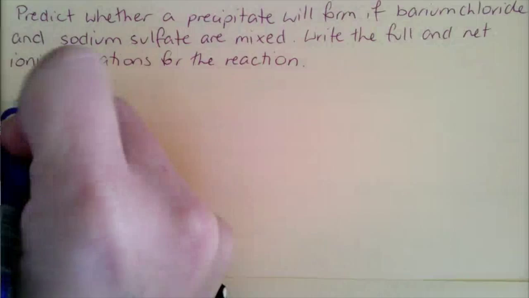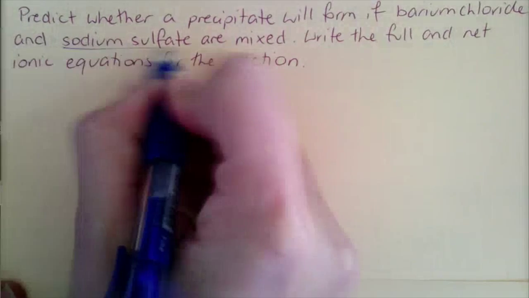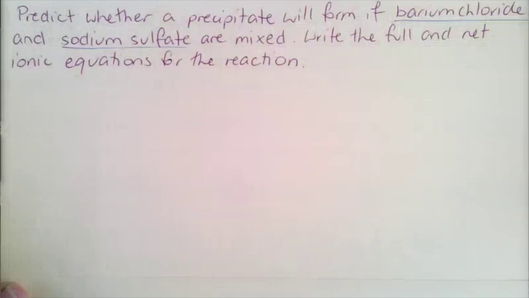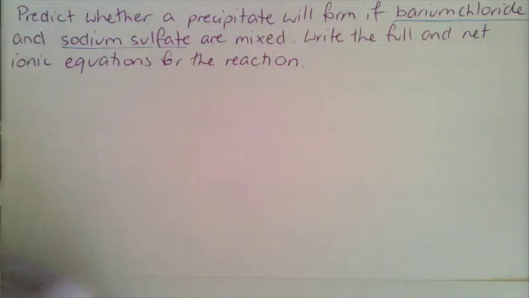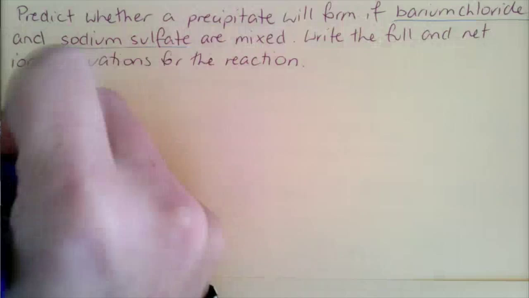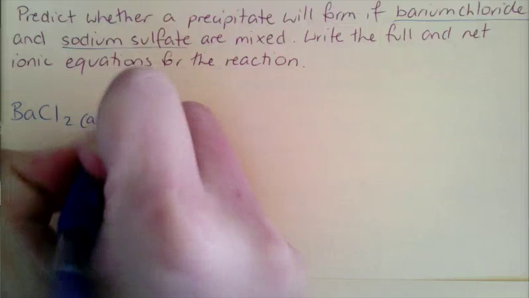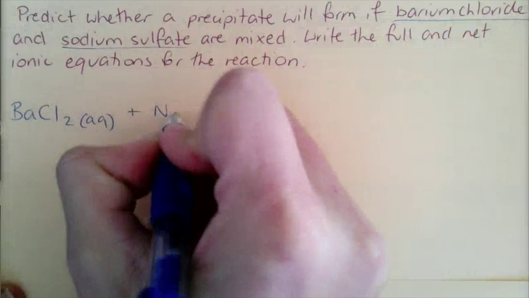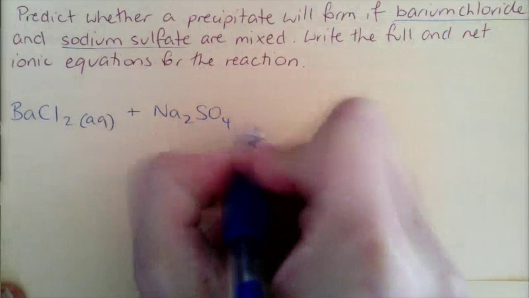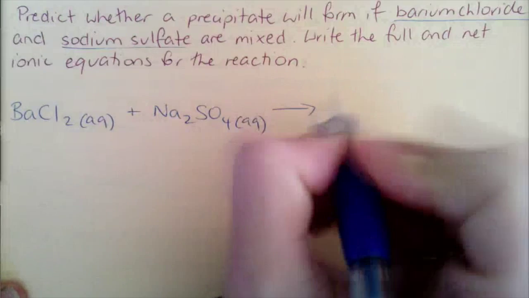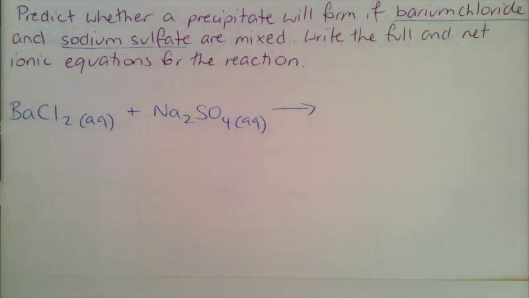Okay, let's start off with writing the chemical formula for these two compounds. We have barium chloride and sodium sulfate. And just like we did in the last one, remember they swap partners.